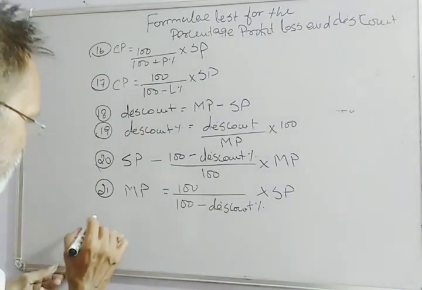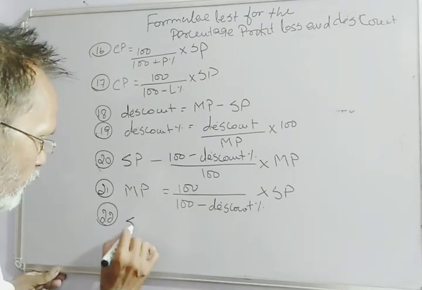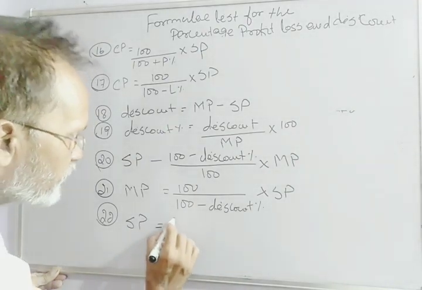Now when two or more successive discounts are given, how to find out the selling price?